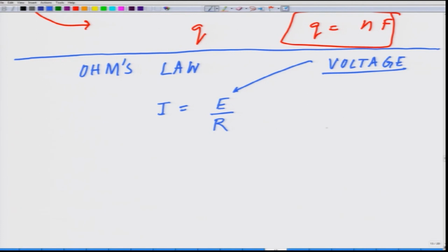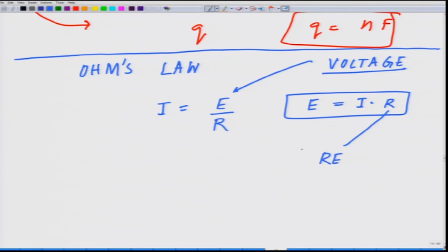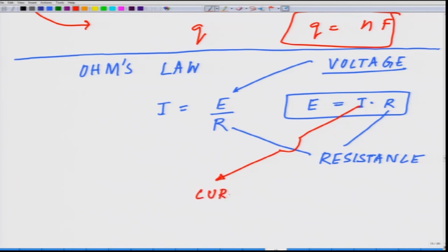So, basically V is equal to IR, or E is equal to IR, where R is the resistance and I is the current. This is the third relation you will have to remember, the relation between current, voltage and resistance.